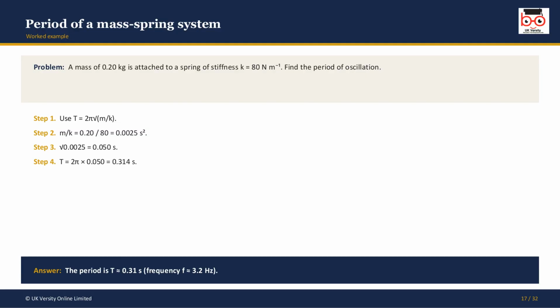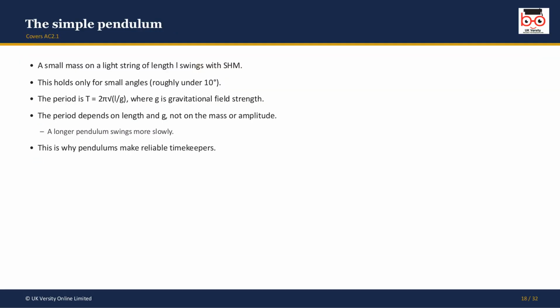The square root of that is 0.050 seconds. Multiply by 2 pi, and the period is about 0.31 seconds, which corresponds to a frequency of roughly 3.2 Hz.